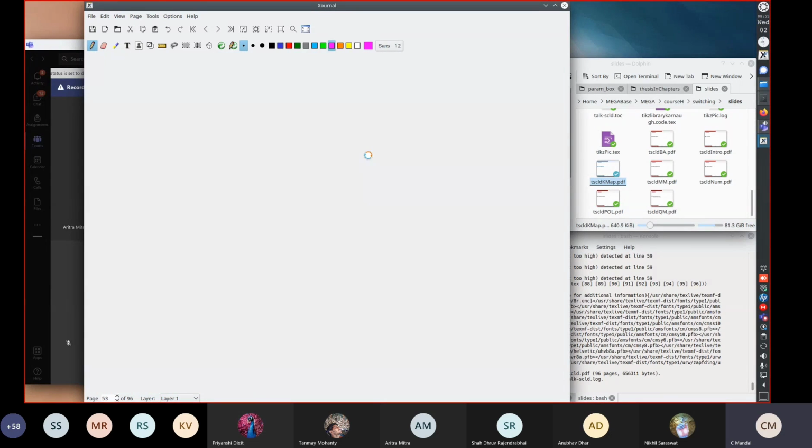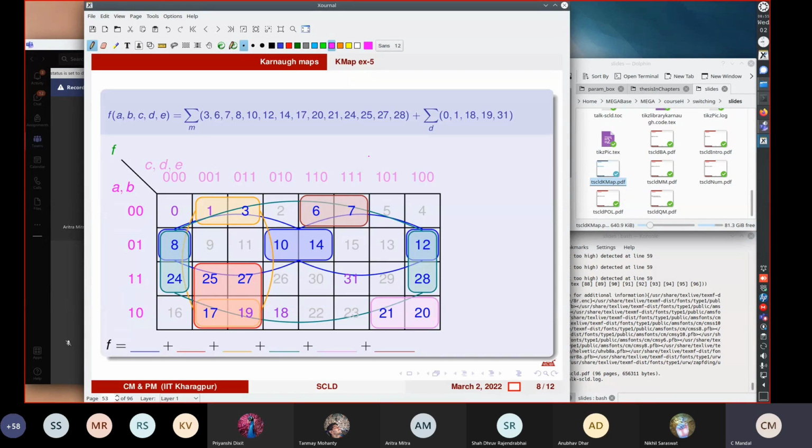Oh, there is another one, 6 and 7. Yeah, so it doesn't really matter whether you include them or not. So as you can see, all these blue terms have been covered, but 18 and 31 have been left out. So those are don't care. So you don't have to include those. You include them only if that helps you to expand a cube. Okay.